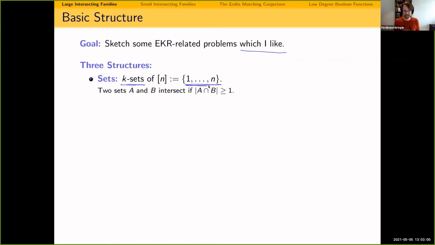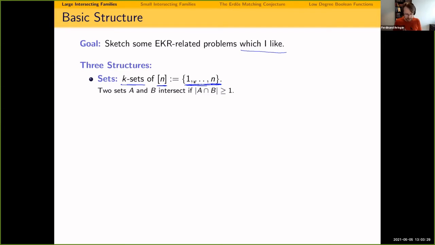So I will mostly talk about k-uniform sets to introduce the different variants of the problem. I will quite often use the notation of brackets for the set of elements from 1 to n, because it always takes up some space to write this.